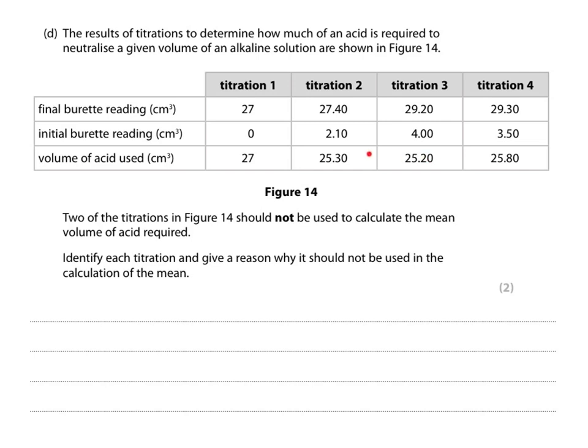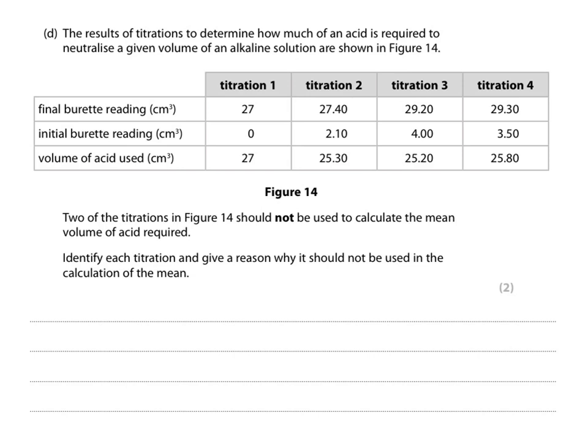So if you can easily see these values here, titration 2 and titration 3, their values are very similar, whereas titration 1 is very much higher and titration 4 is a little bit higher. So therefore these 2 values, titration 4 and titration 1, should not be used to calculate the mean volume of acid required.